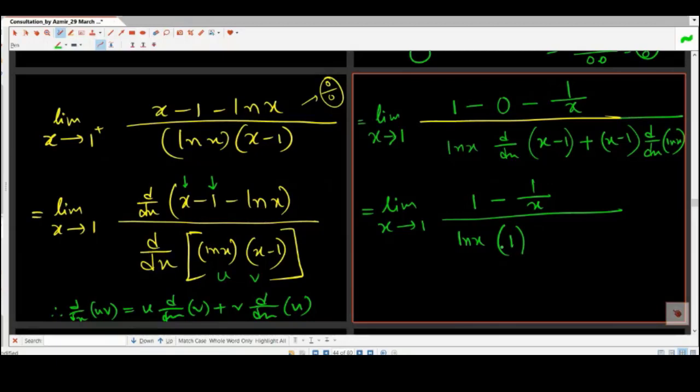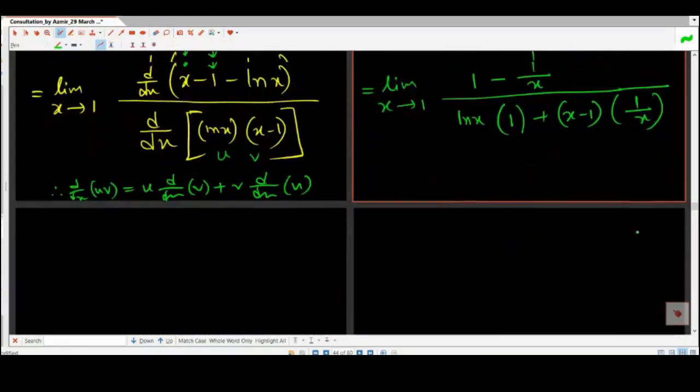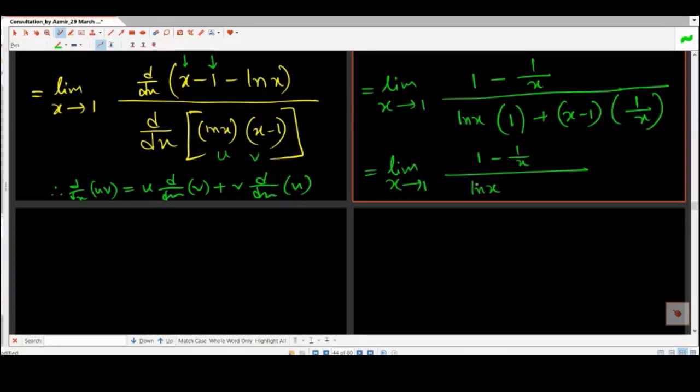So I am just writing 1 here, plus x negative 1. Differentiation of natural log of x is nothing but 1 over x. So first, let's do the simplification again, and then we'll focus on the next step. So limit x tends to 1, 1 negative 1 over x, natural log of x times 1 is natural log of x, plus we have x negative 1 over x.